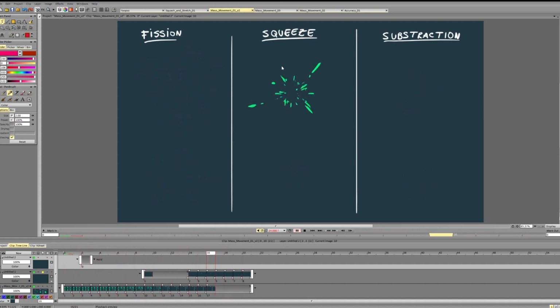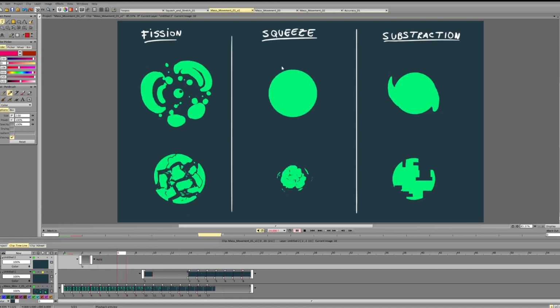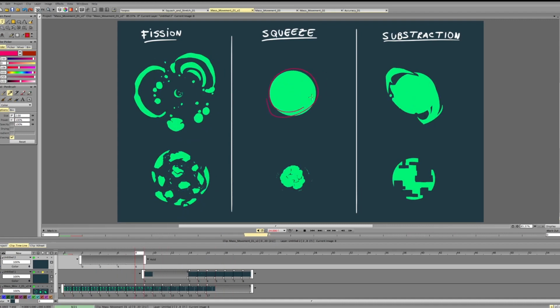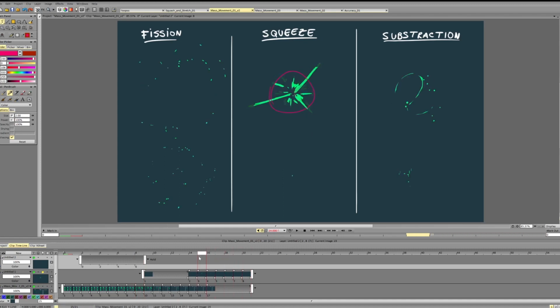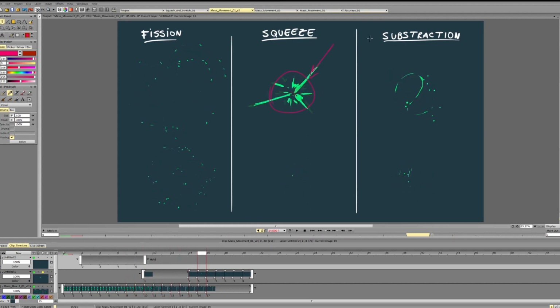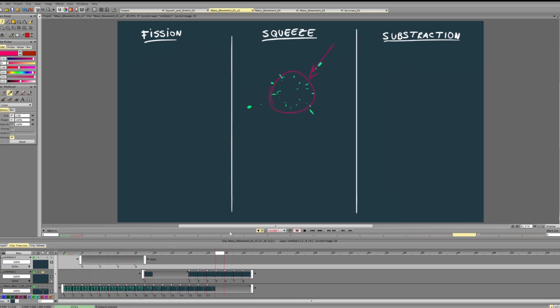So because of that, we have a very good anticipation, and this anticipation will work well with a bigger spark because we're decreasing this mass this big quite fast, so we can easily get away with a spark or spark explosion or something like that, similar to this mass or even a bit bigger. So something small will work, but it won't complement the motion since it's quite fast, and something much bigger will work better here.